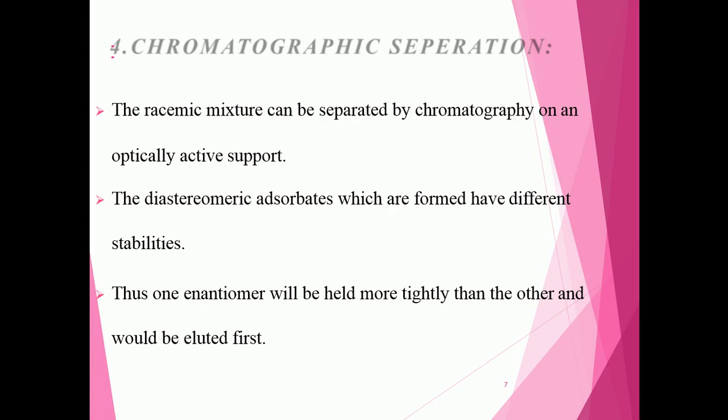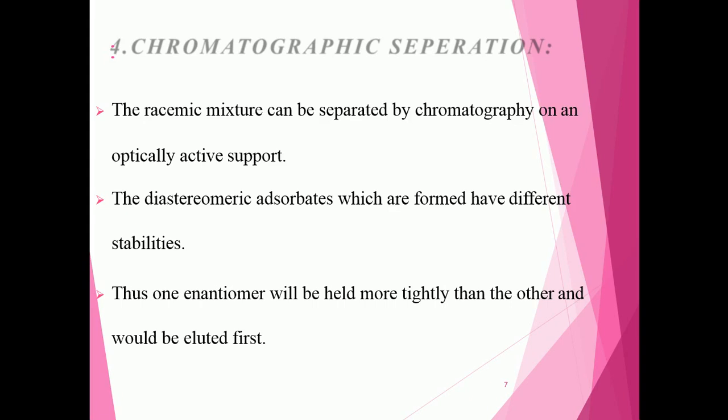So if you have a mixture of enantiomers, take a sample and use any method of chromatography, for example column chromatography. There will be separate bands of enantiomers in the column based on how they are adsorbed on the surface of the silica gel.